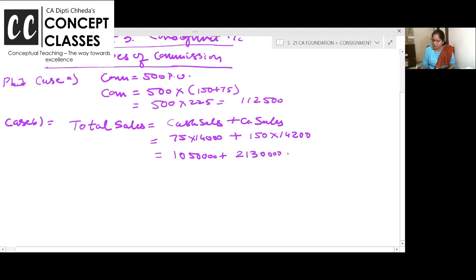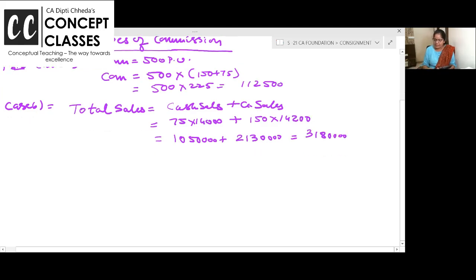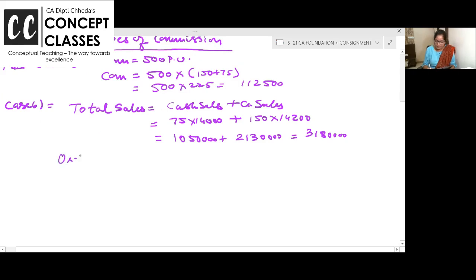Is it clear to all of you? Cash sales and credit sales together make total sales of 31,80,000. And on this, how much is the commission? 5%.